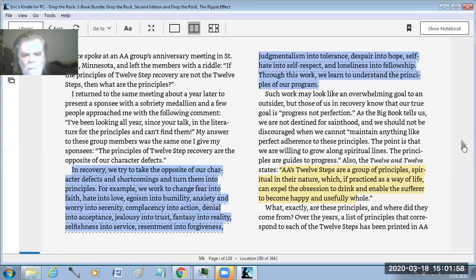For example, we work to change fear into faith, hate into love, egoism into humility, anxiety and worry into serenity, complacency into action, denial into acceptance, jealousy into trust, fantasy into reality, selfishness into service, resentment into forgiveness, judgmentalism into tolerance, despair into hope, self-hate into self-respect, and loneliness into fellowship. Through this work, we learn to understand the principles of our program.